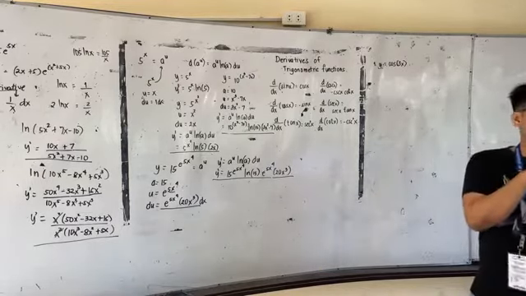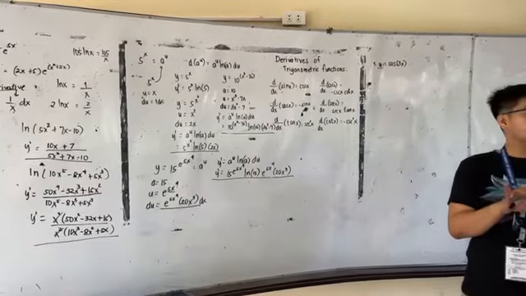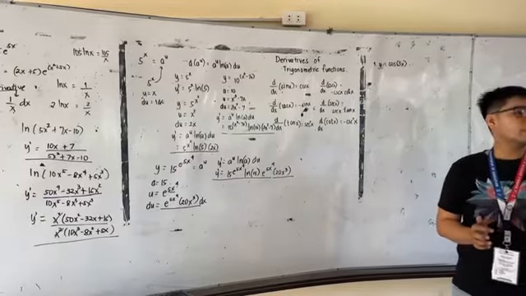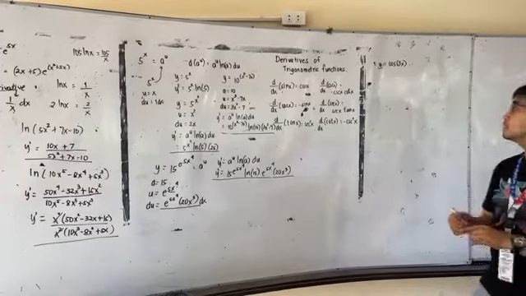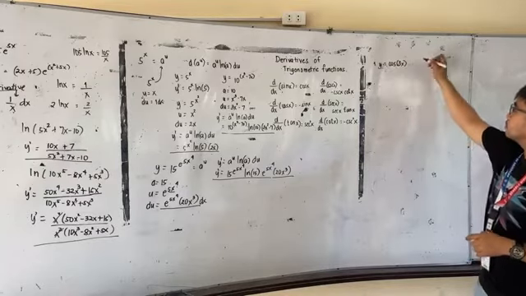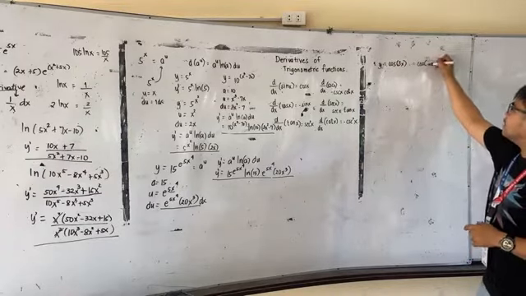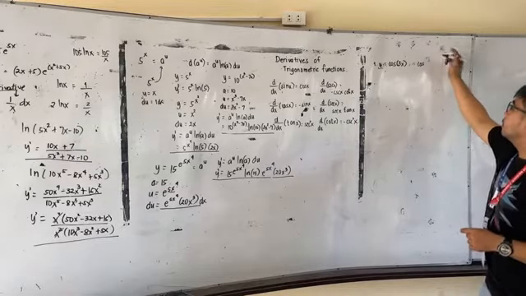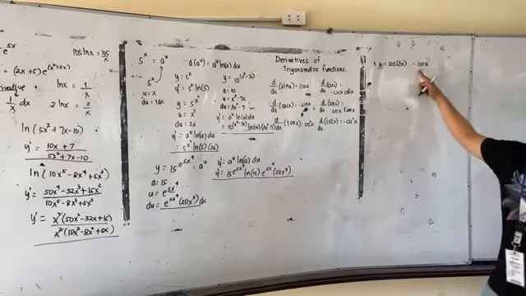So, in order for you to get the derivative of this ng mas mabilis, easier. So, ganito po yung gagawin nating formula. It takes the form of cosine u. Para lagi na lang yung u yung pagpaparisa natin. So, yun na lang. It takes the form of cosine u.